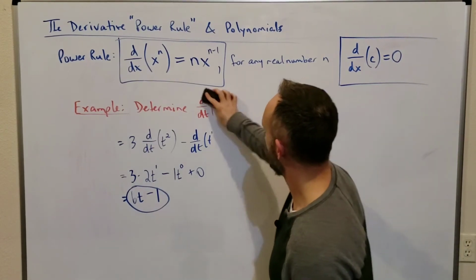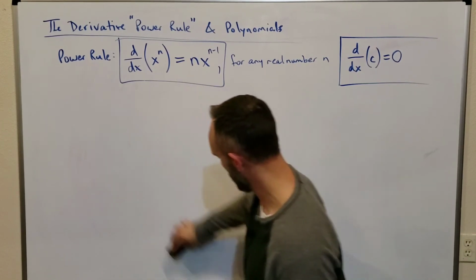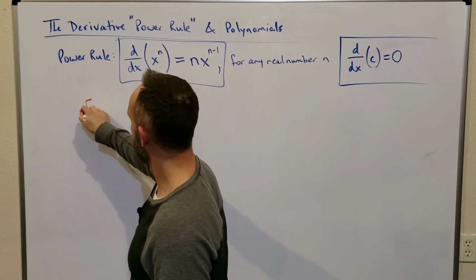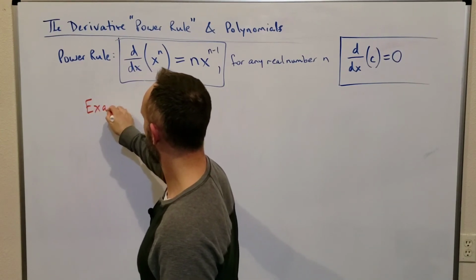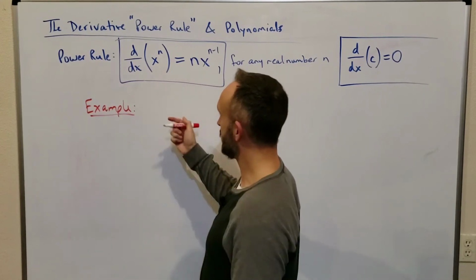All right, let's look at maybe 2 more examples that are more interesting now that we have the basics down. I'll rephrase the language as well each time. Let's say differentiate.